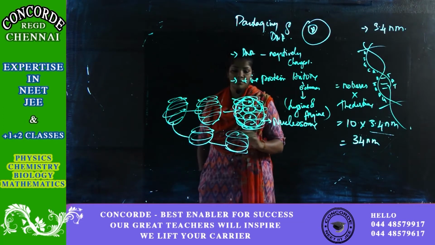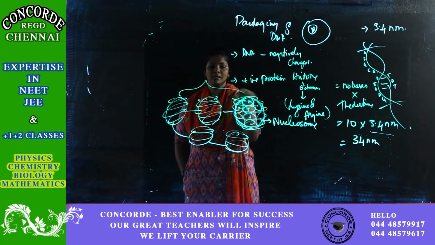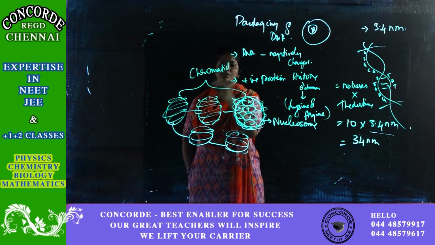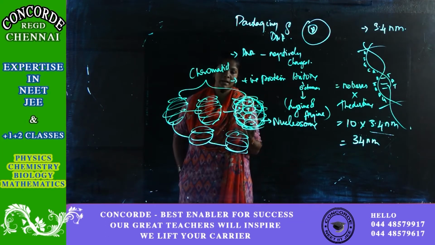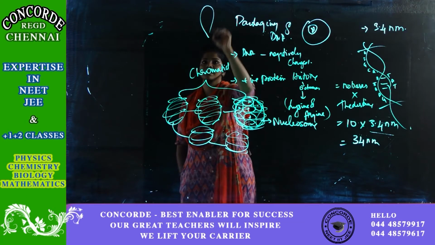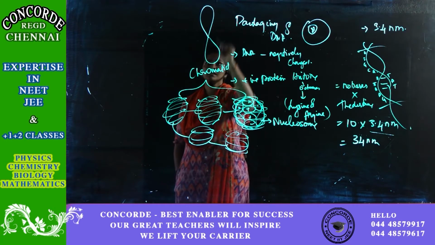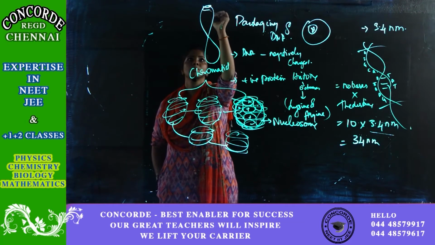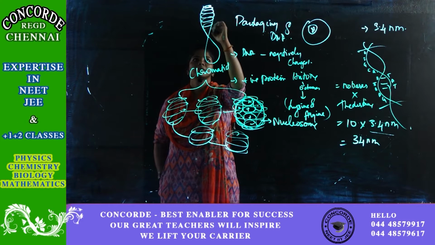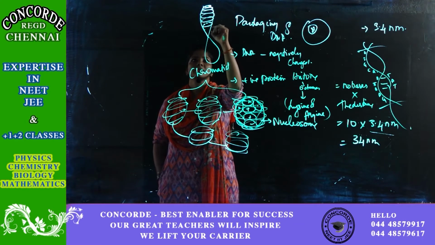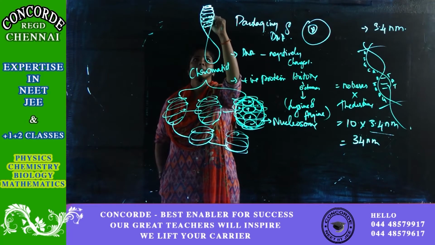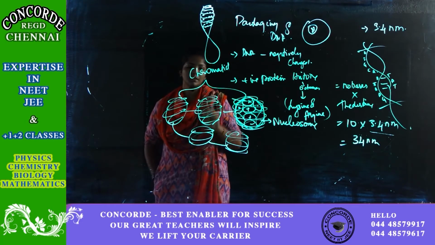This structure of multiple nucleosomes is called a chromatid. This chromatid structure is wound on the chromosome like this. The beads will be like this. Clear? So this is how the DNA is packed.